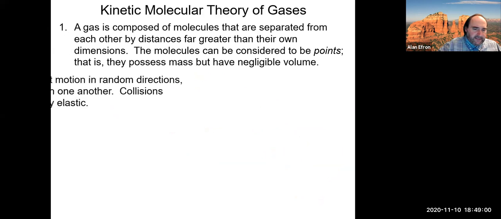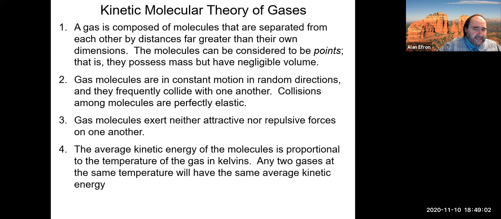So that does bring us to the kinetic molecular theory of gases, and these are some important pieces of information about gases, some of which we touched upon, but let's talk about these here. A gas is really composed of molecules that are separated by distances greater than their own dimensions.